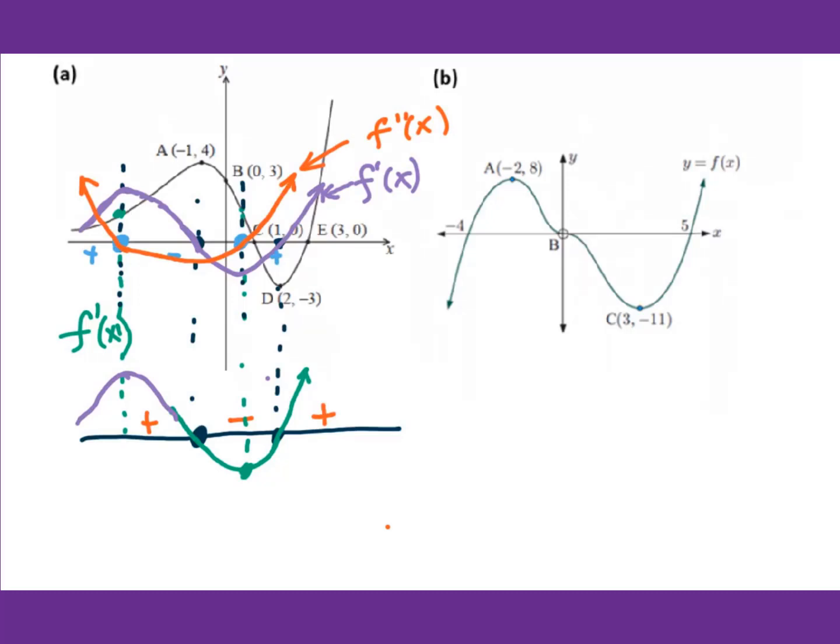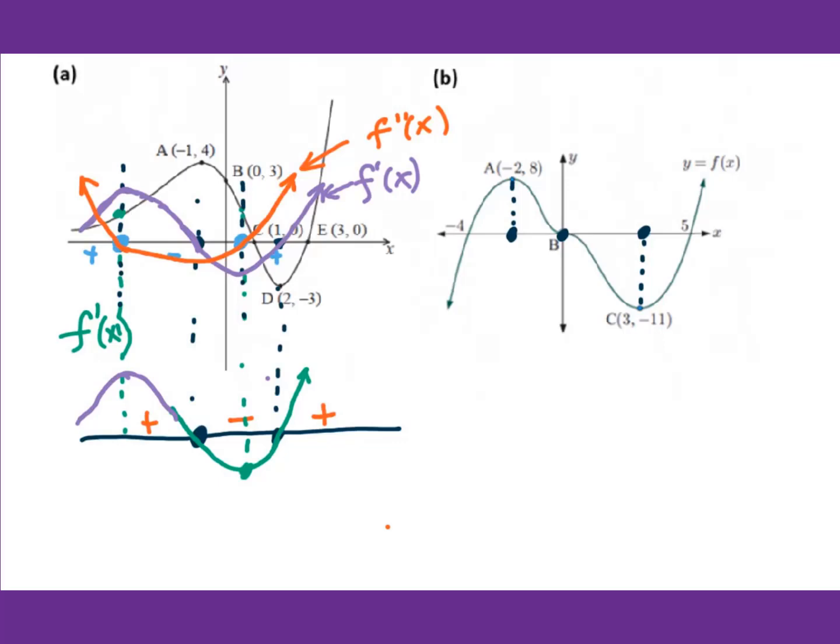Now let's go to B. First of all, get the maximum and minimum. This will be the x-intercept for the first derivative. This is a stationary inflection point, so still I will draw this. Then you will figure out the sign diagram for that.